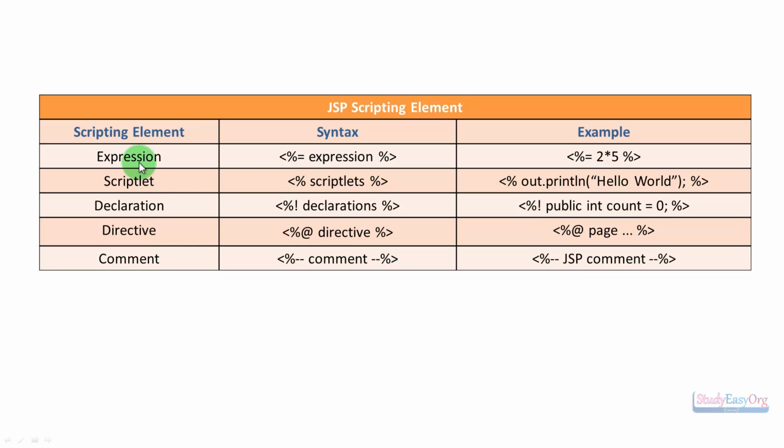So the first is the expressions scripting element, and the syntax is we make use of the JSP tag followed by an equals sign, and we close the JSP tag, and in between these tags we have the expression. The expression is a one-liner statement without a semicolon, and this expression could be any single-liner complete JSP code. So we will check on this.